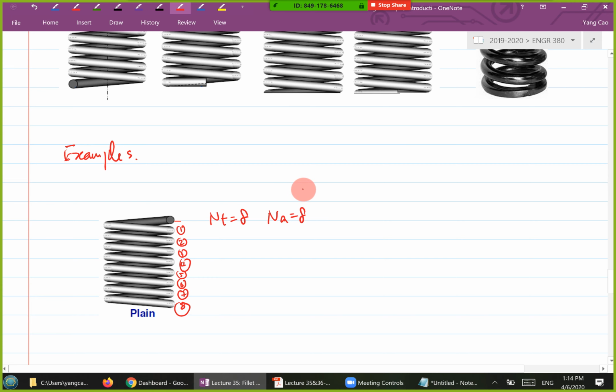Now I can also calculate the free length. Free length is L0, and that's the pitch times NA plus the wire diameter.